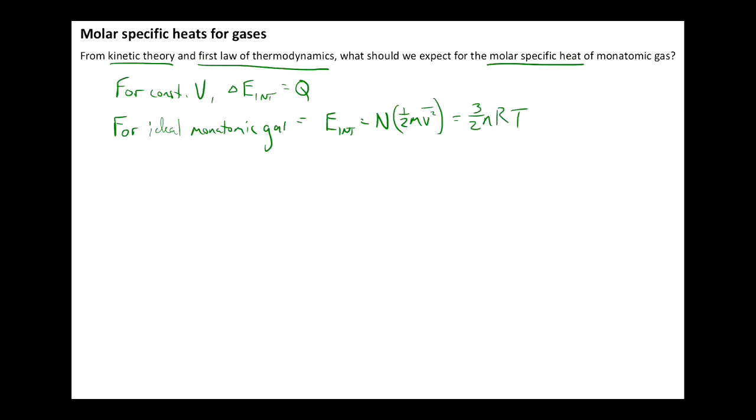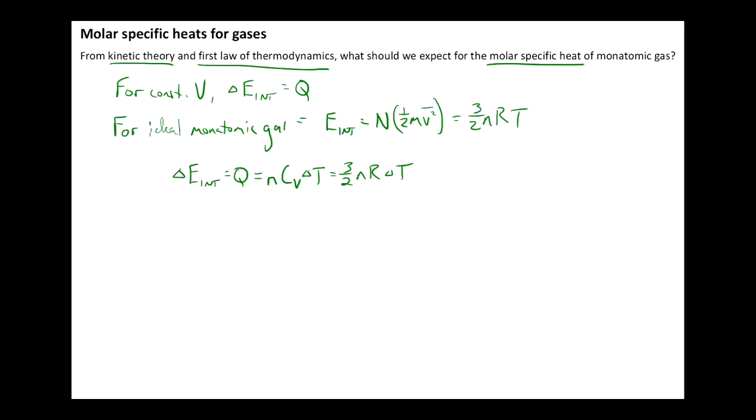I will let you go back in your slides to find those relationships. So we can take these two things. Delta E internal equals Q, which we know is equal to n times CV times delta T. And from before, we also know that's equal to 3/2 nR delta T, combining those relationships.